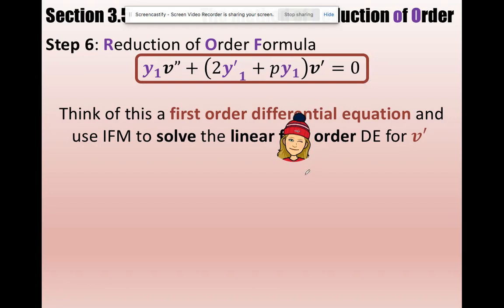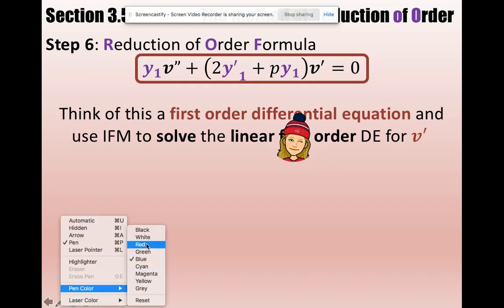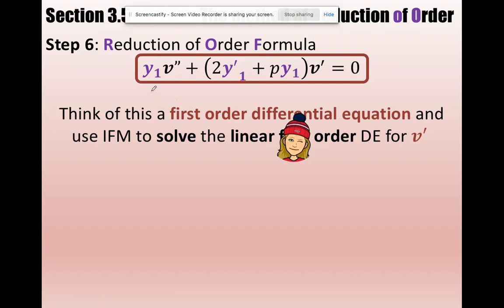So now that I only have 2 terms equal to 0, I'm going to think of this like a first order equation. I'm going to pretend that I have some function f times v prime plus some other function g times v is equal to 0.